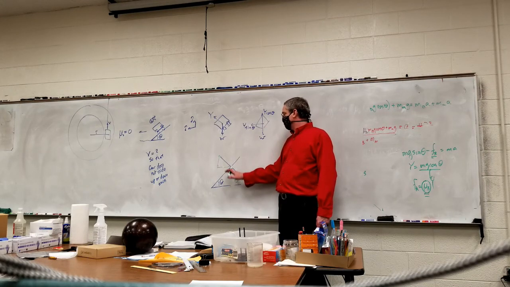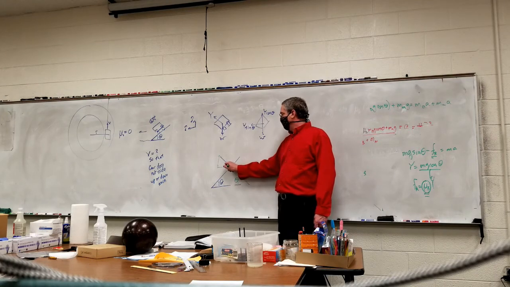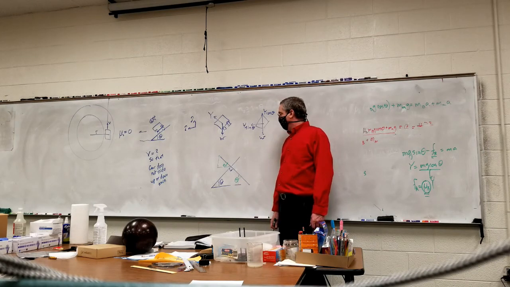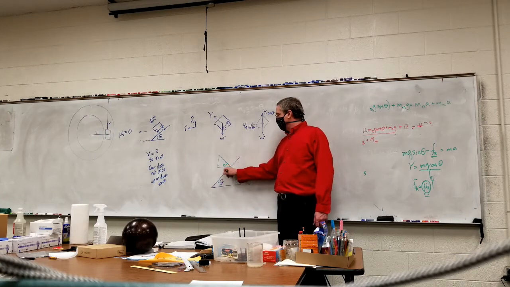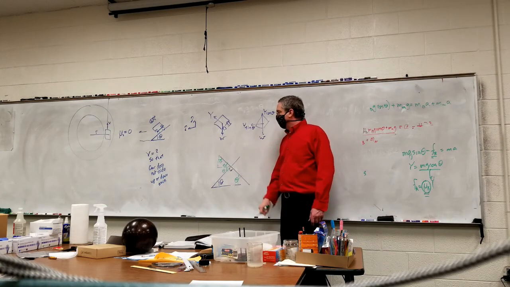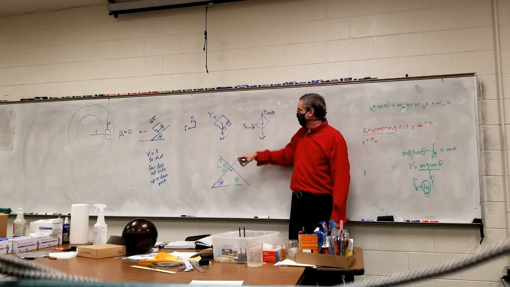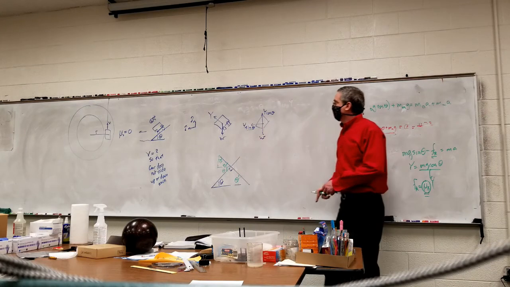Two parallel lines cut off by another line. We have corresponding angles, or alternate interior angles. Ultimately, that angle up there is theta. So the opposite side, the one that is horizontal, is the sine. The other one's cosine.